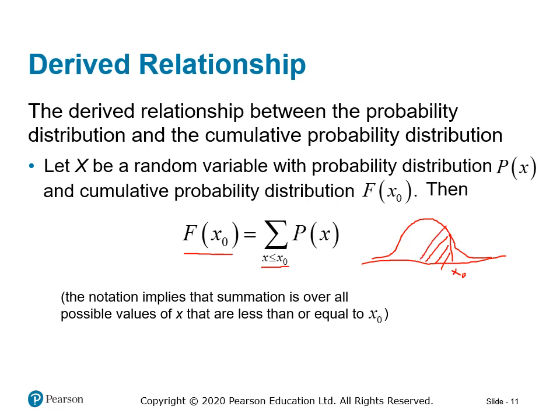And we know that since it doesn't cover all the possible outcomes of x, the cumulative distribution function is going to be less than 1, because there's positive probability out here past x0, at least in this example. Again, the notation is that the summation is over all possible values of x that are less than or equal to x0, if you didn't get that before.